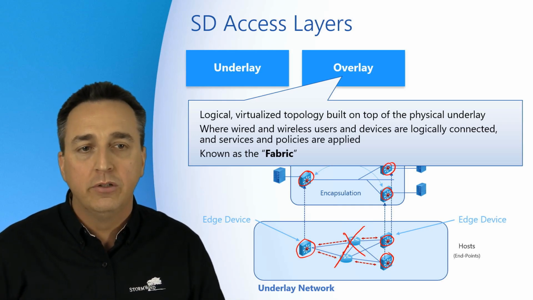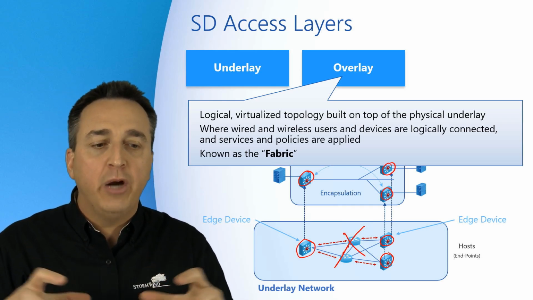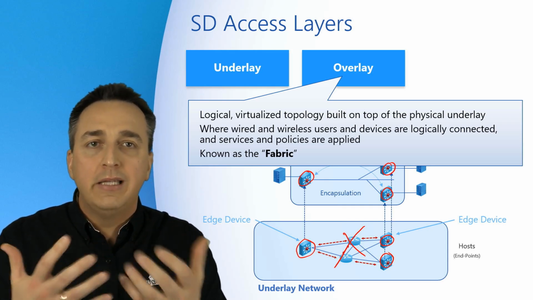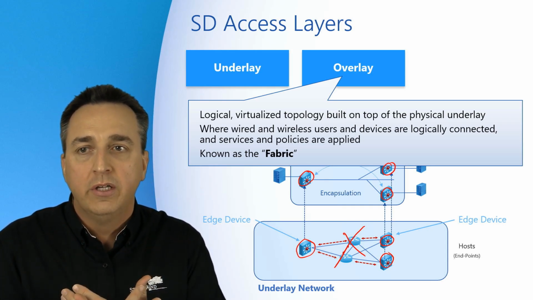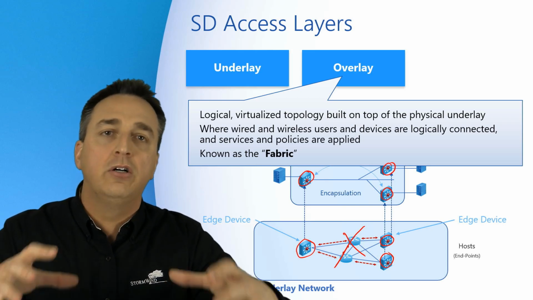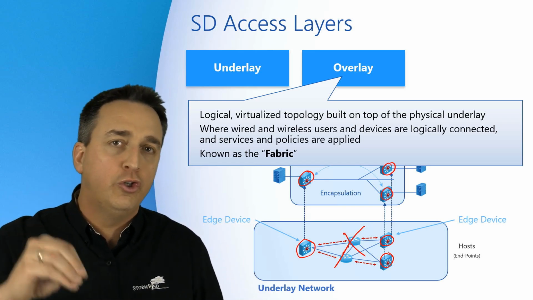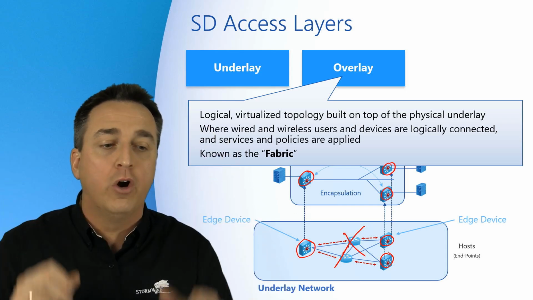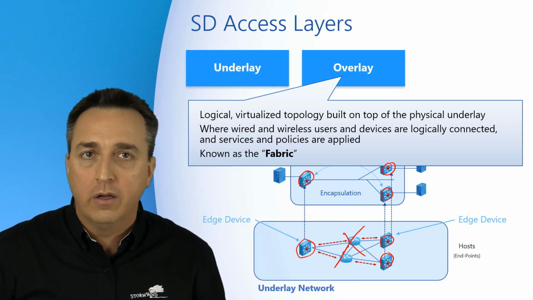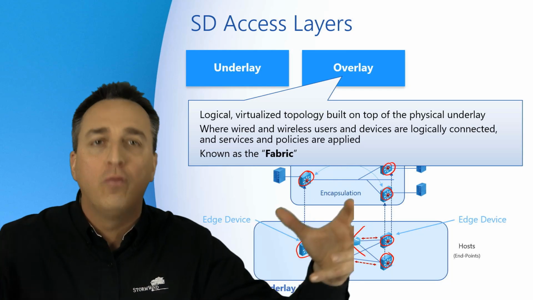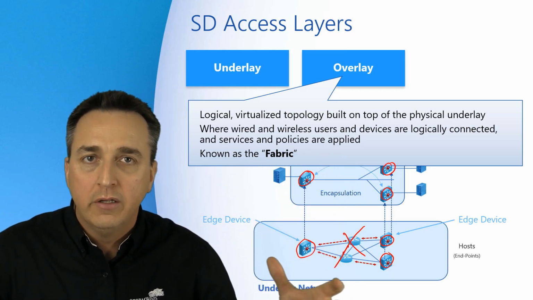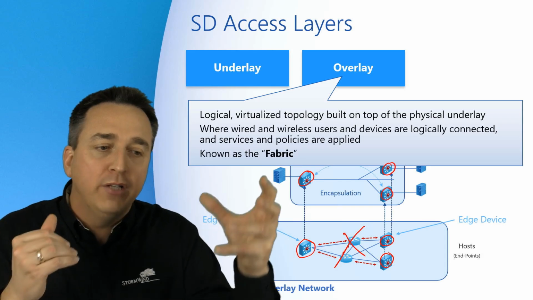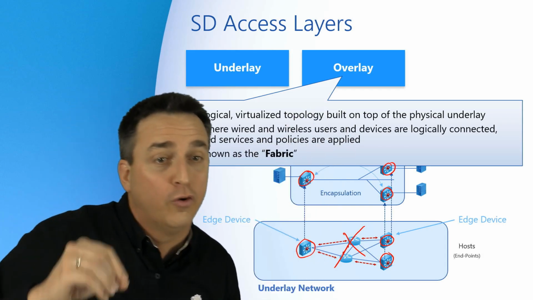Absolutely. So this allows you to break free of the handcuffs that have been put on you as networking and security professionals because of relying on the physical network controlling what you can do. We are now abstracting the real network from the physical network. The real network is the overlay, the virtualization. We call it the fabric. So the fabric is the term that goes along with the overlay. Remember that.